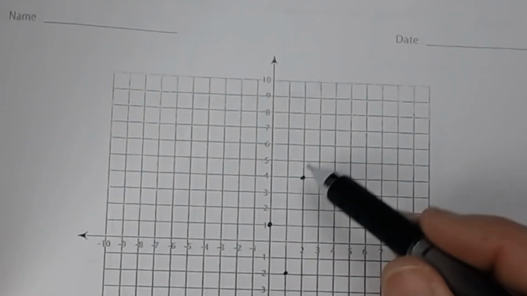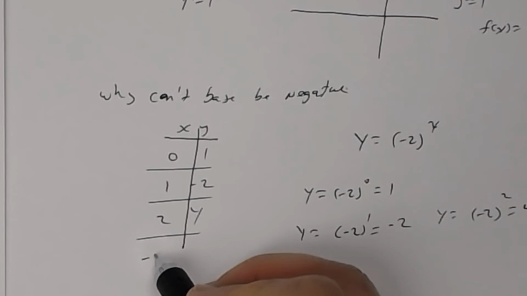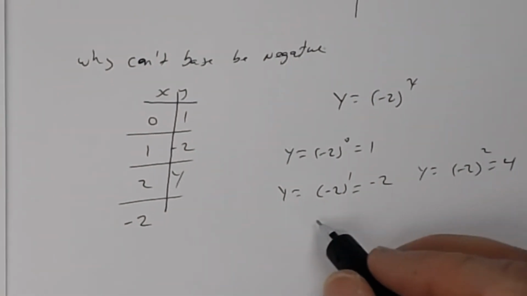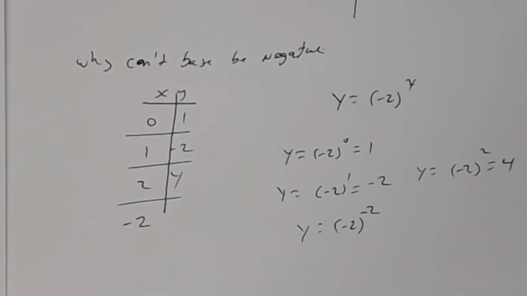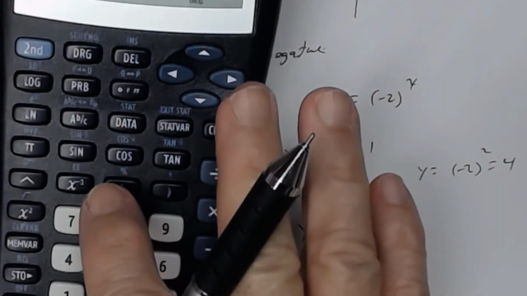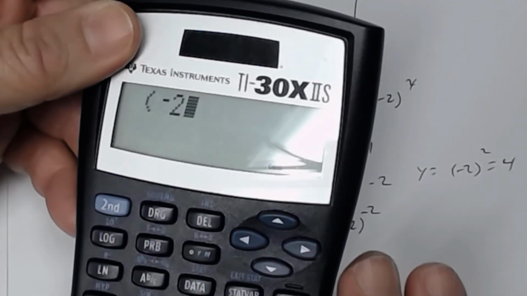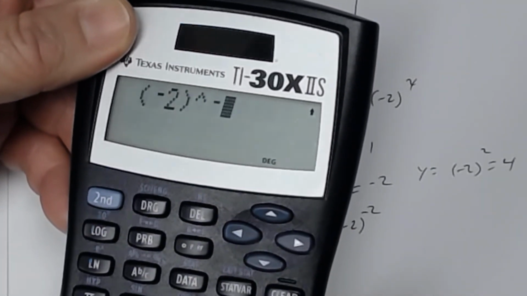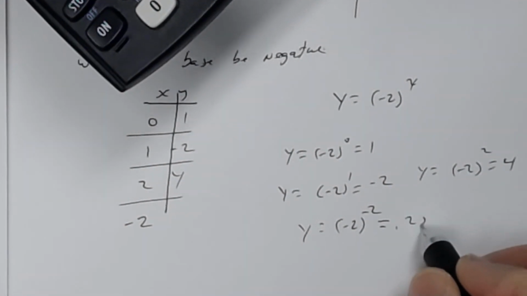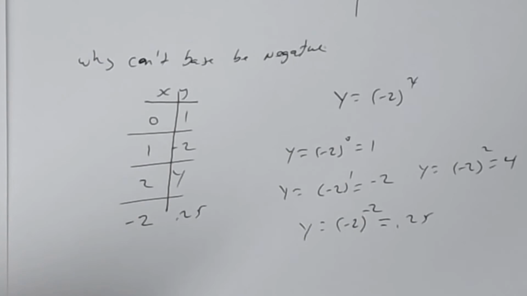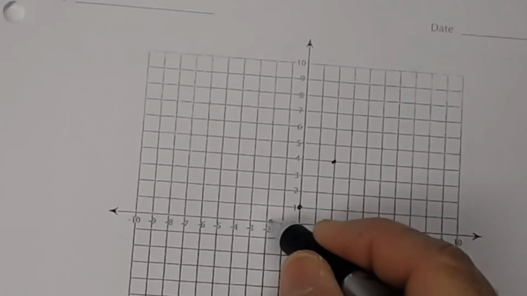So you see there's no pattern to these things. For example, if x is -2, I get y equals -2 to the negative second power. If you look at that on your calculator, parentheses -2 raised to the negative second power, you get 0.25. So if I plot the point -2, 0.25, this is what you have right here.